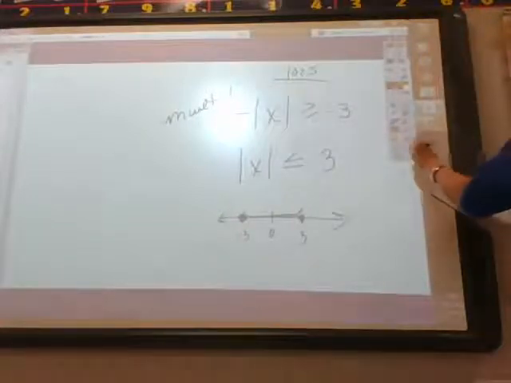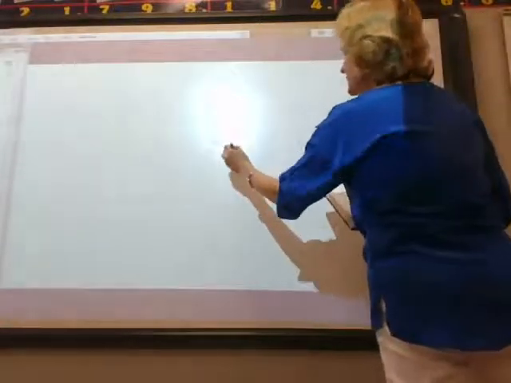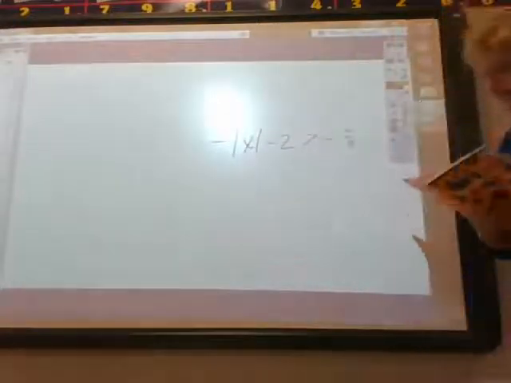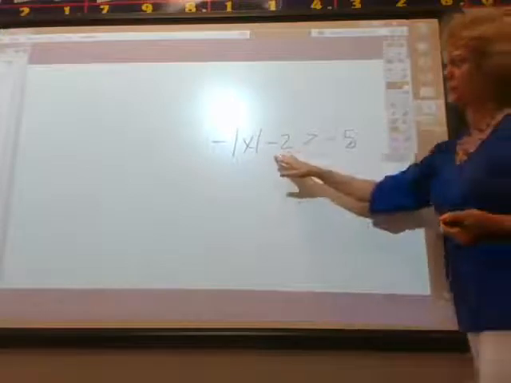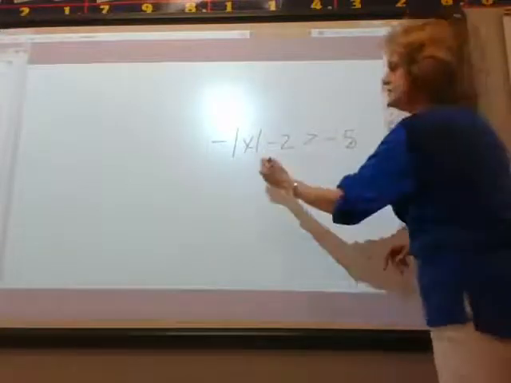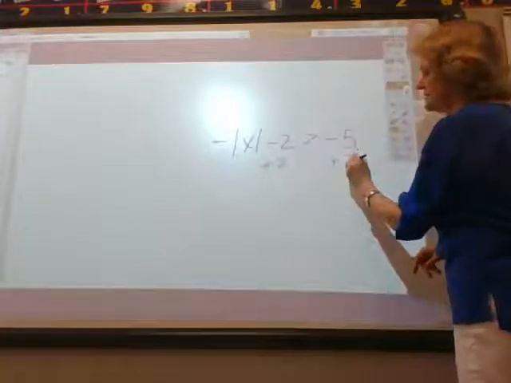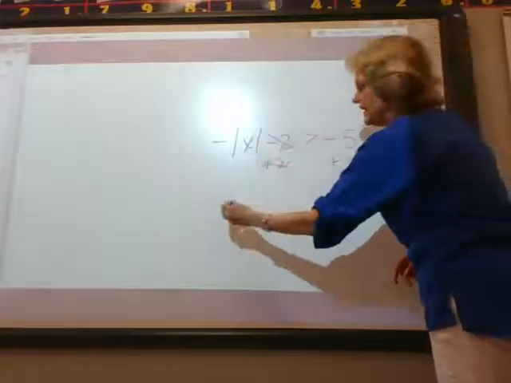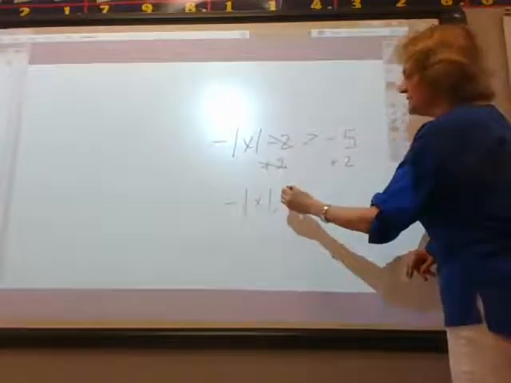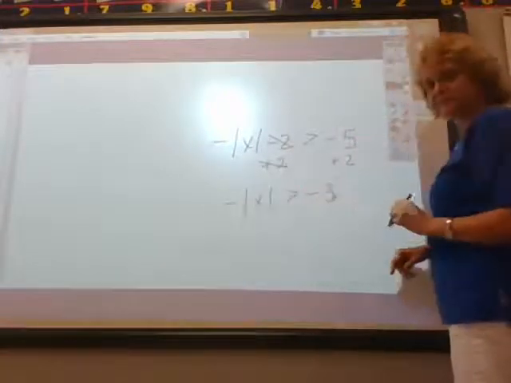And then the last example, you may have to do a little bit of algebra to solve these, and that's okay, you know how to do that. So if this were plain old x, we know we have to isolate that, so we want to add 2 to both sides. This cancels. I have the opposite of the absolute value of x is greater than negative 3.